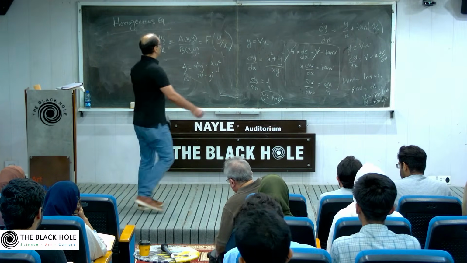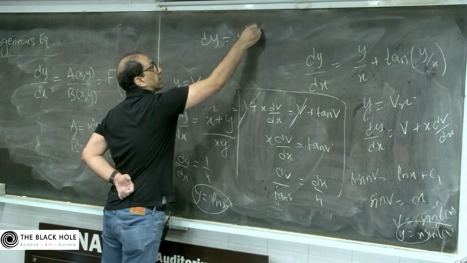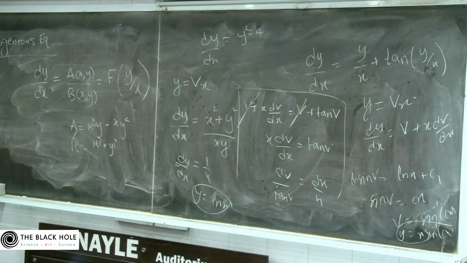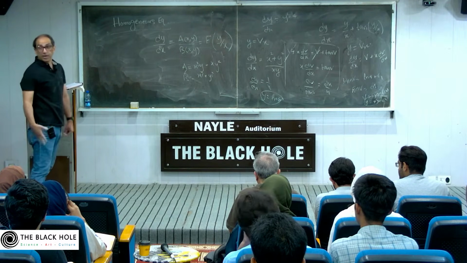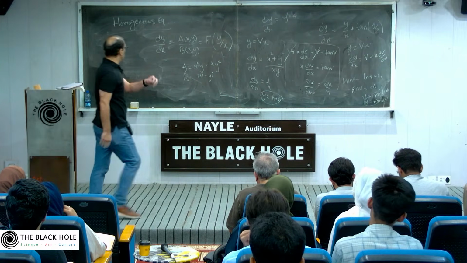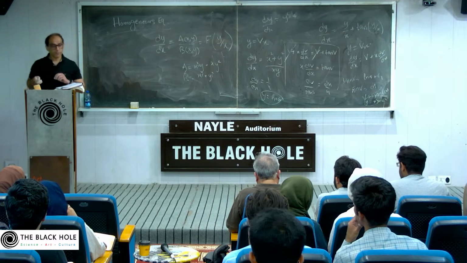So just like when I said dy over dx is equal to y square minus 4, it's a non-linear problem, but because it's separable you can do that. Over here you can also do that. Yeah. Yeah, exactly. But they will come, it is not necessary that you see it now. So I said not necessarily that you can see it very clearly, but I'll show you in a moment how they pop up.